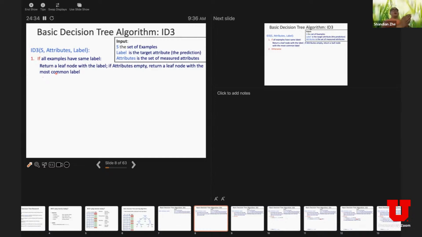The examples might have a list of attributes, but it's possible that even after you have used every attribute to split the data set, the remaining subset is still not purely labeled. That is possible, right? I'm talking about that case. In that case, you have to stop as well, because you don't have any additional attributes to help you arrive at the ideal case. Any other question?